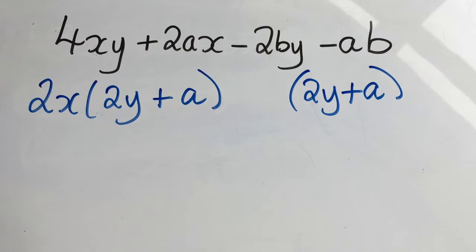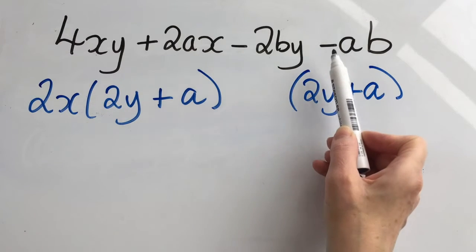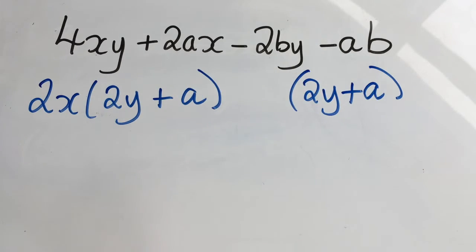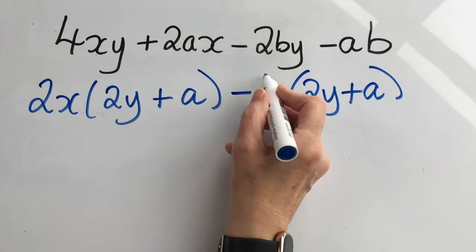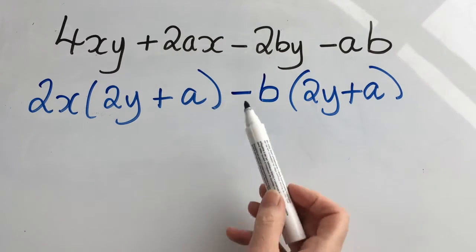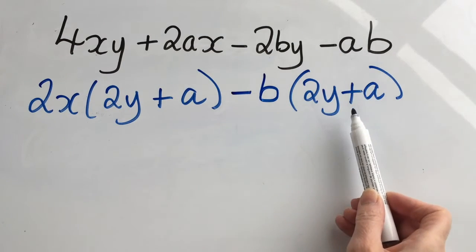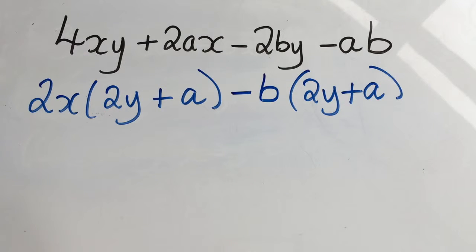Now it starts to become a little clearer. We can see that b will come out, but we can see that the signs also change. So what divides into minus 2by to give me plus 2y? It's going to be minus b. And checking, minus b into minus ab, minus into minus gives me plus, and the b into ab goes a times.